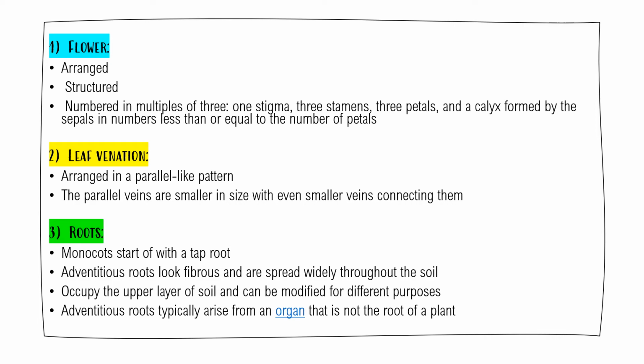They tend to occupy the upper layer of soil and can be modified for different purposes like additional anchorage or aerial support. Because adventitious roots typically arise from an organ that is not the root of a plant, such as the stem or sometimes a leaf, we are able to grow multiple plants from stem or leaf cuttings of an existing plant.